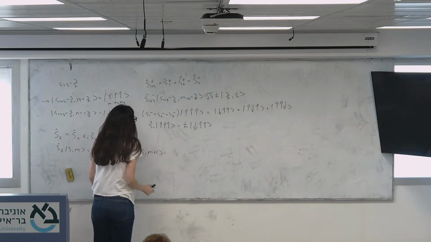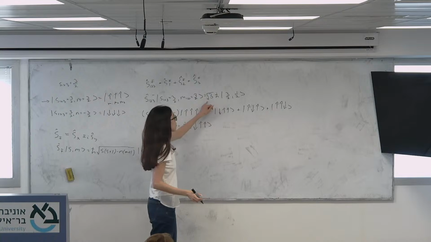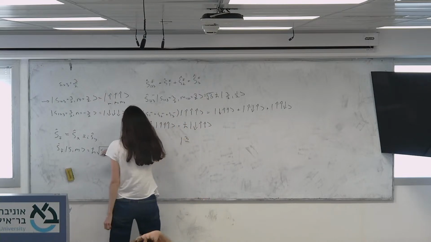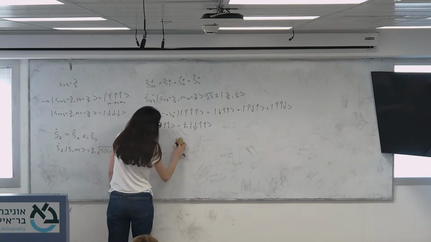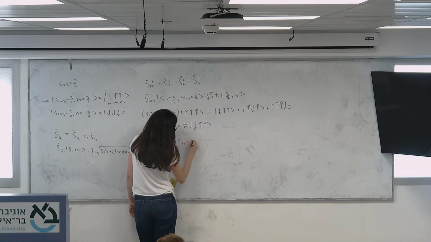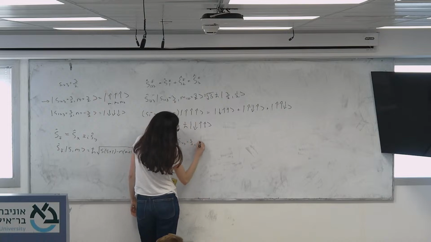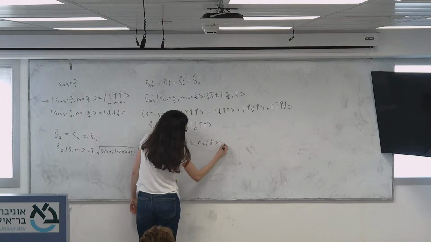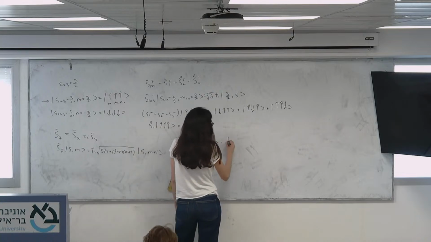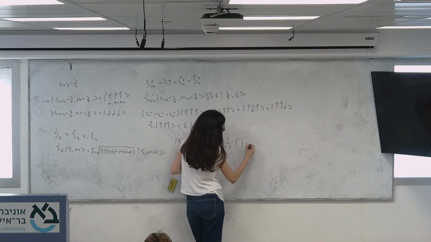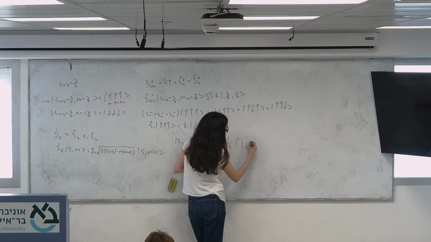So overall, we compare the two results, and the state S1,2,3 equals 3 over 2, M1,2,3 equal half, is equal to 1 over square root of 3 times that.